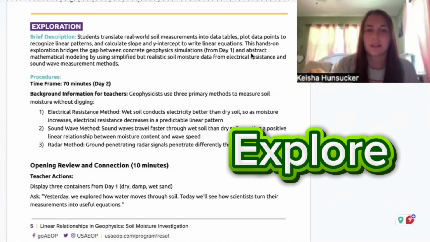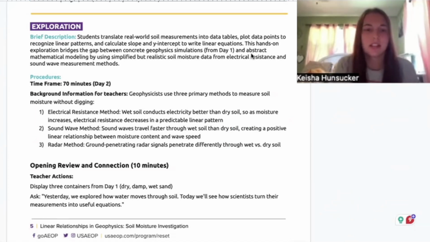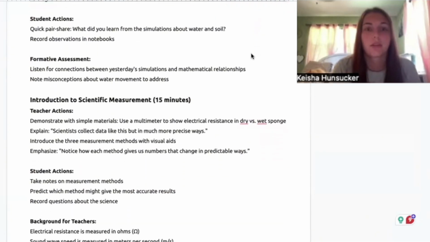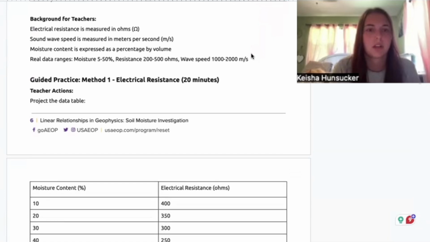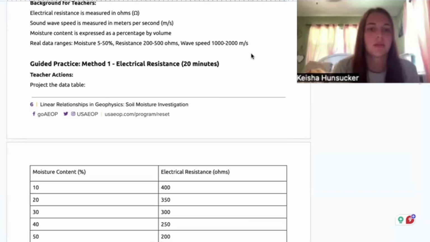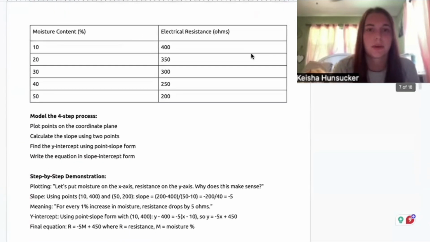Day 2 is the core of the exploration phase, where students are going to be translating real soil measurements into mathematical models. They work with three measurement methods: electrical resistance, sound waves, and radar. Students are going to plot data points, calculate slopes, find y-intercepts, and write linear equations.